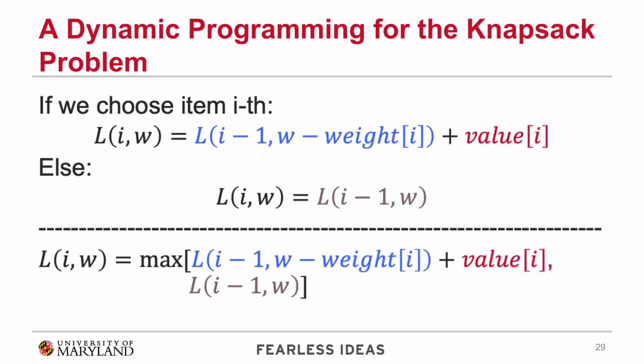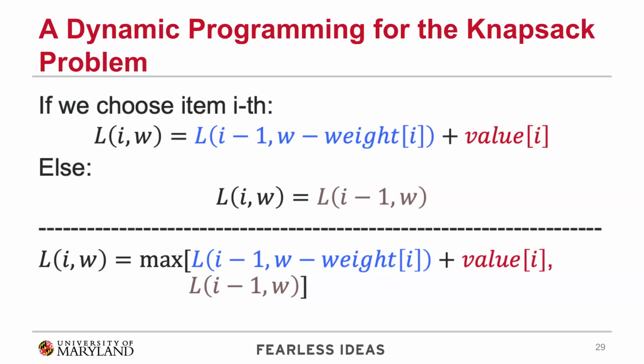So there are two options, right? If we are considering the i-th item and we choose that particular item and put it into our bag, the cost function would be different. We have to take the target function when considering the first i-1 items, with the weight reduced by the weight of the current item, and plus the value, because we put that item into our bag.